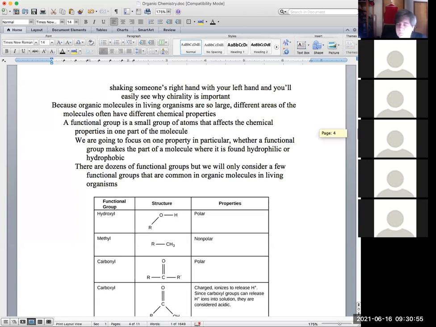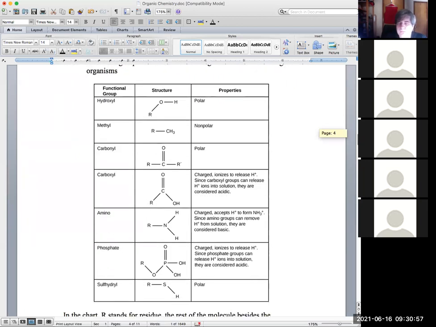So carbon is crucial. Now, something I've already said a few times, and again, something you'll get tired of hearing over the course of the semester. The organic molecules that are found in living things are usually large.